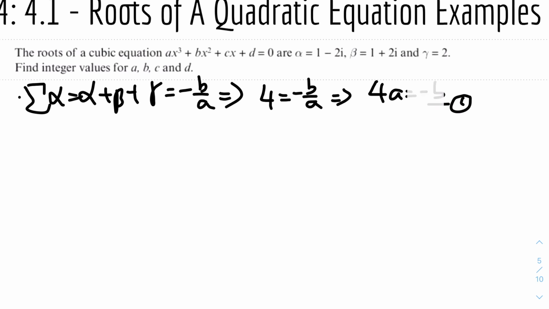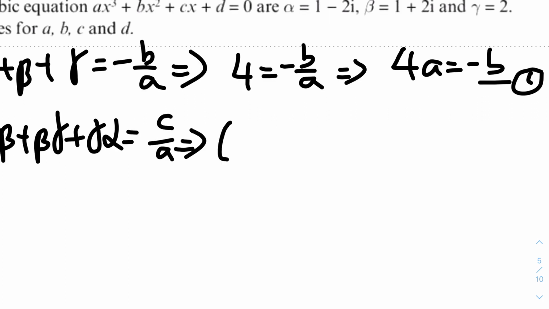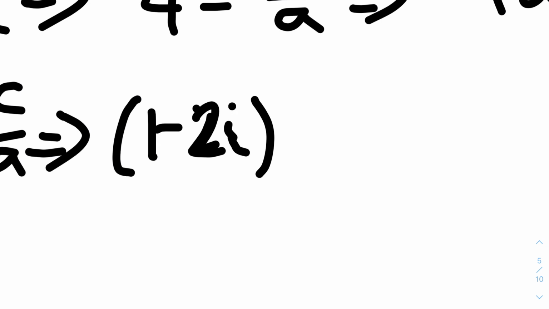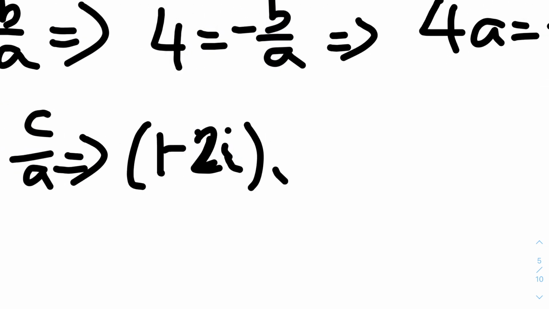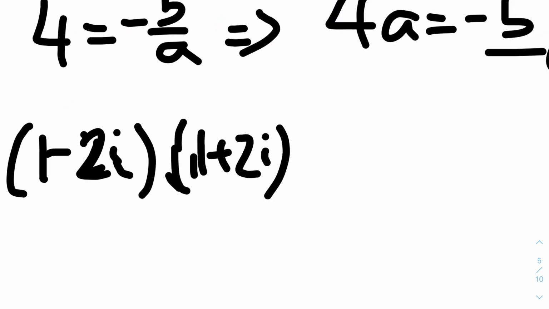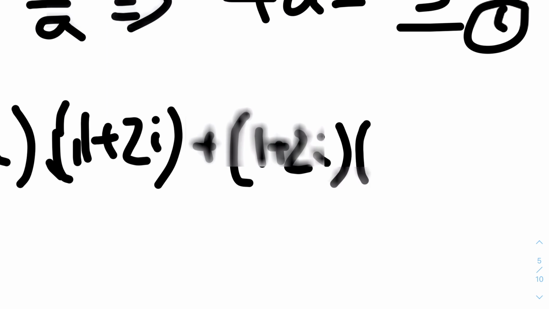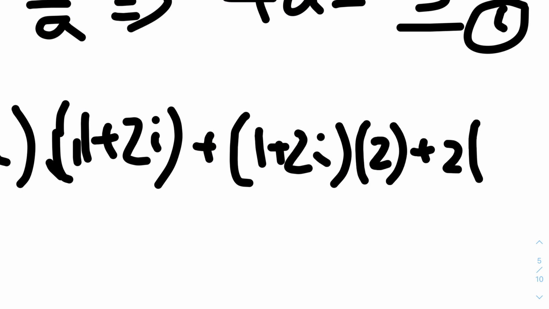And for number 2, the sum of the product pairs. This will be alpha beta plus beta gamma plus gamma alpha equals c over a. We just have to do it individually. So it will be 1 minus 2i times beta, which is 1 plus 2i, and this plus 1 plus 2i times the last part, gamma, which is 2, and this plus 2 times 1 minus 2i.